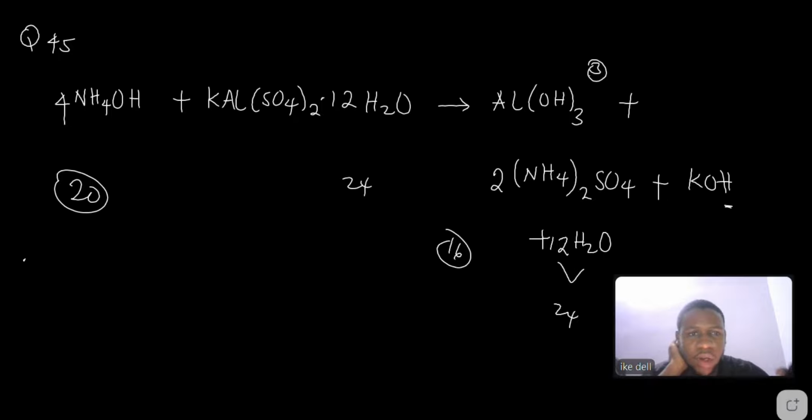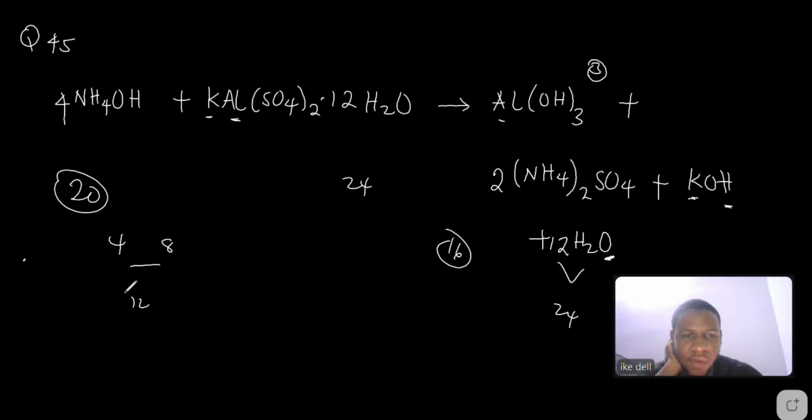Nitrogen is already good. Oxygen should be the next thing, because already my K and the Al should be fine. K and Al, they're both 1. So oxygen is the only problem left. This 12 H2O part means that 12 oxygen is what we have, 12 atoms of oxygen. So that can be satisfied by this part. Now the rest of the oxygen would be starting here, 4 times 1, 4. And then here is 4 times 2, 8.